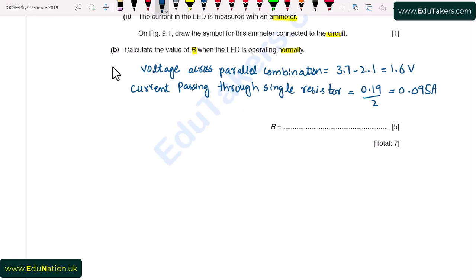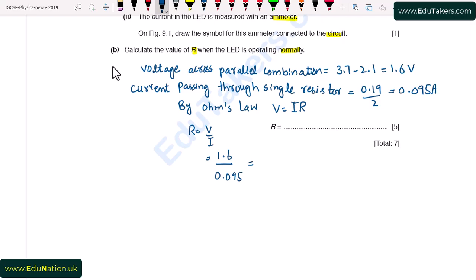Now the value of potential difference and current is given, using Ohm's law, that is V is equal to IR, I can easily find out the value of R. R comes to be V over I. V is 1.6 divided by current 0.095.